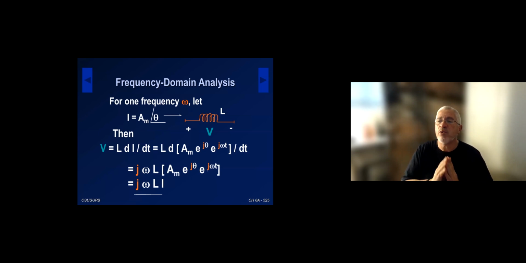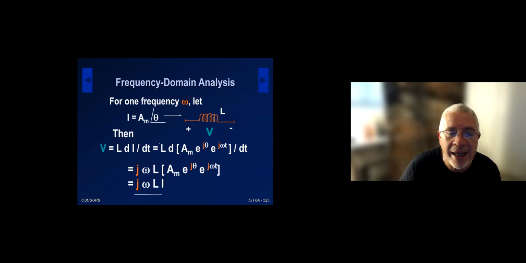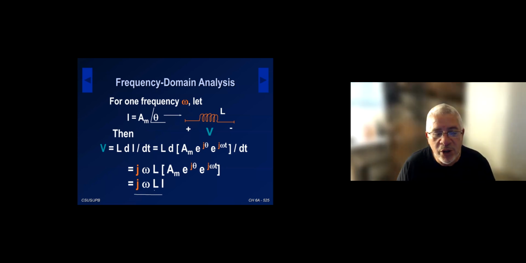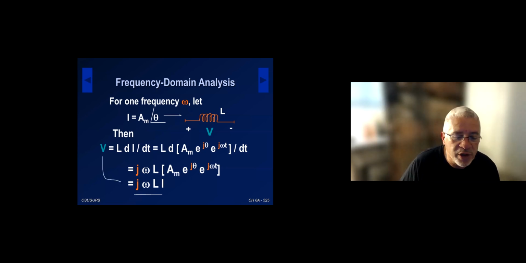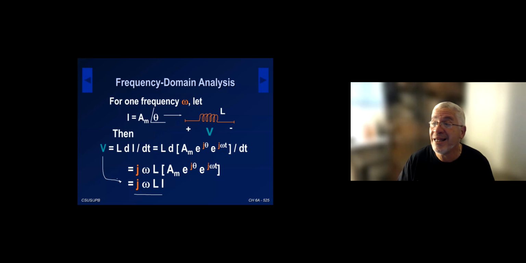It shows you that the relationship, if you apply a phasor current to an inductor, the relationship between voltage and current in phasor, that's what you see them in phasor, it's a scalar. It's not a derivative, it's j, the complex number j, times omega, the frequency of the source, times the inductance of the inductor times the phasor current. So it's almost like we have a complex resistor.